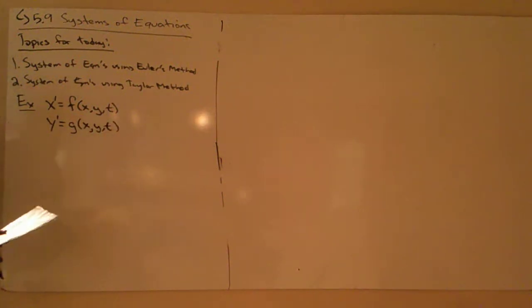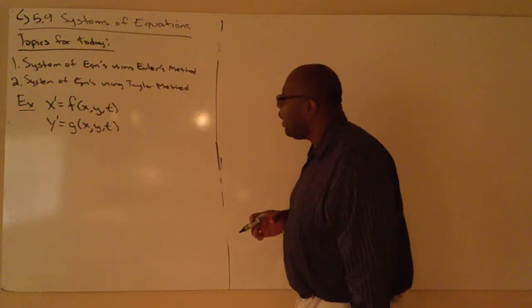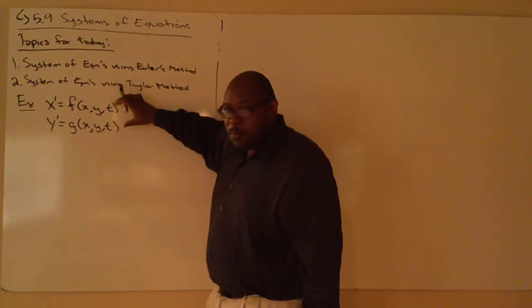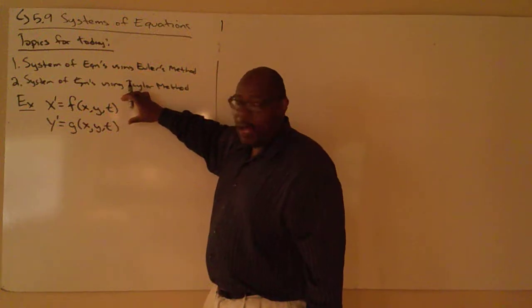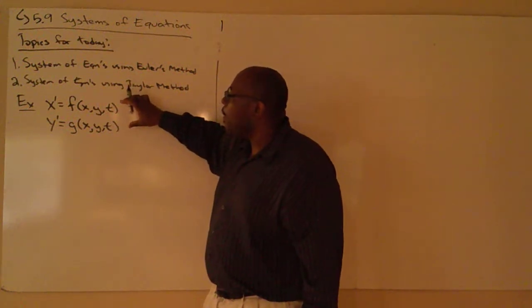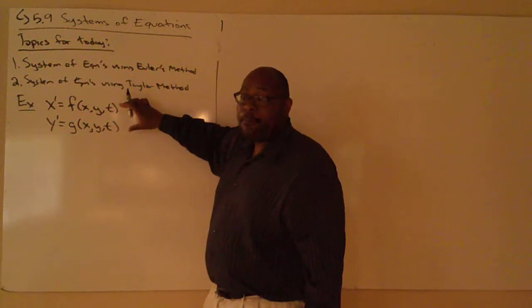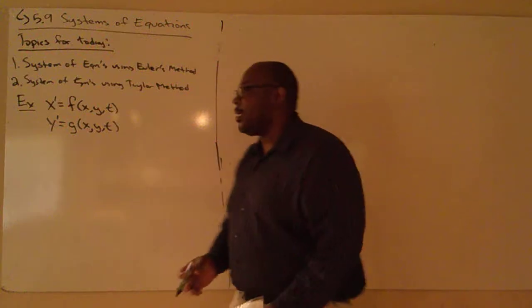So what this means is that my system of equations is in terms of three variables. I have two dependent variables, x and y, and then I have an independent variable, which is t, right? And so x prime and y prime, both of these guys can depend on x, y, and t.